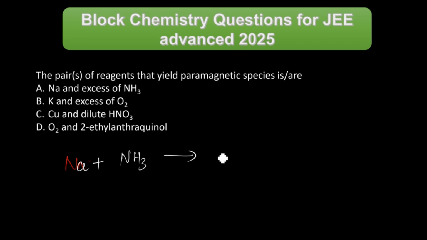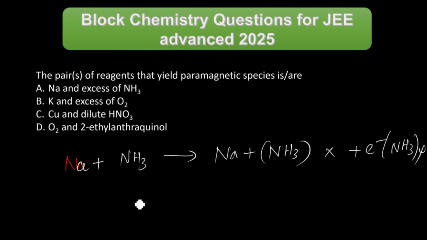So Na plus NH3 gives a complex with the ligand formed. Then potassium and excess of O2: K plus O2 will give KO2.